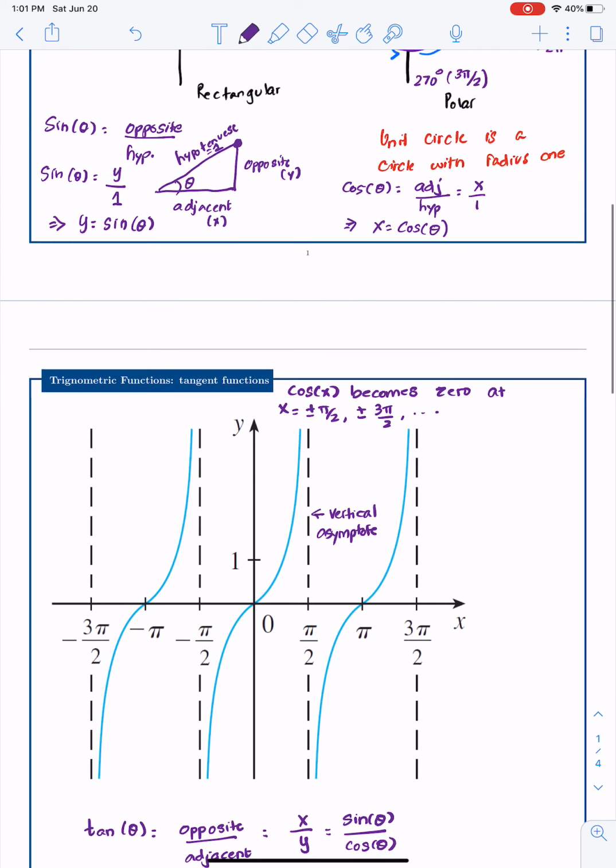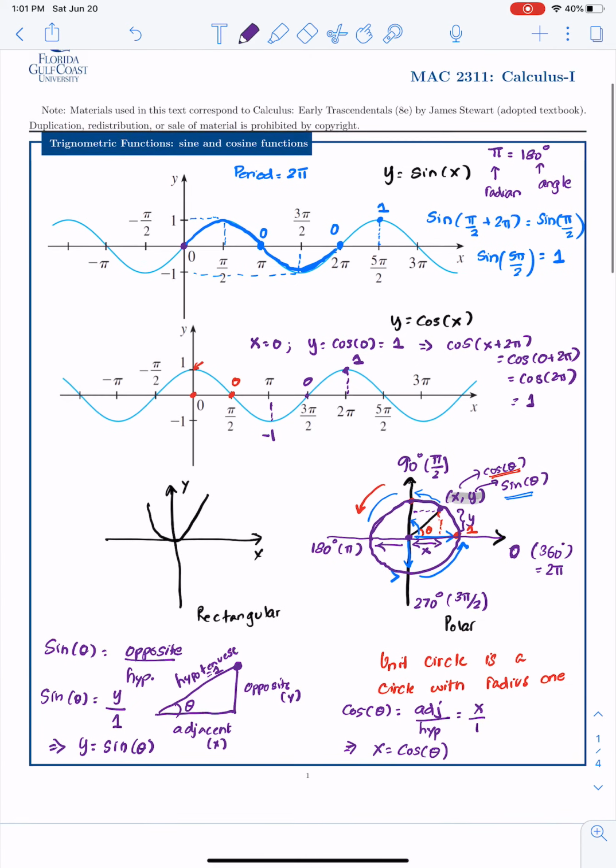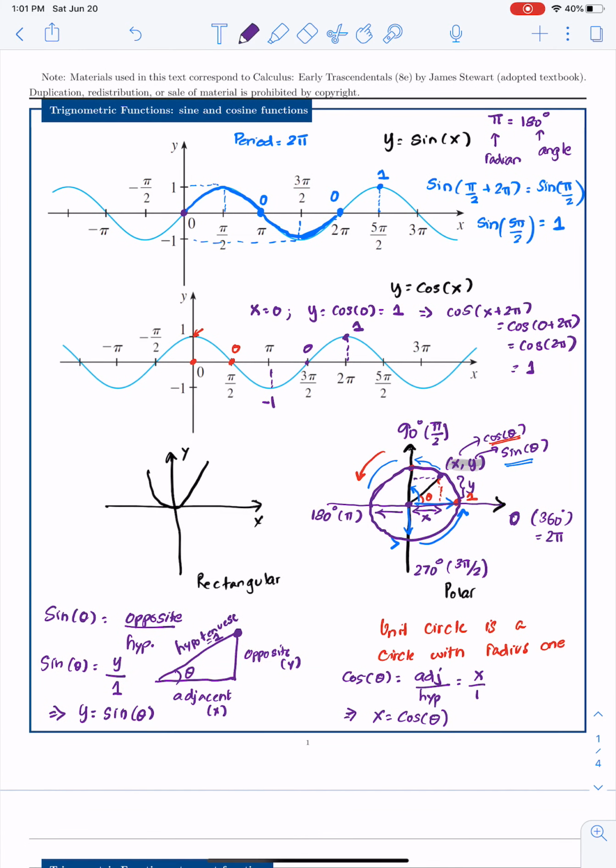Now, if we look at the sine and cosine functions, the function repeated itself with a period of 2 pi. So whatever we saw between 0 and 2 pi will happen between 2 pi and 4 pi. Whatever we see between 2 pi and 4 pi would be the same that we would see between 4 pi and 6 pi.